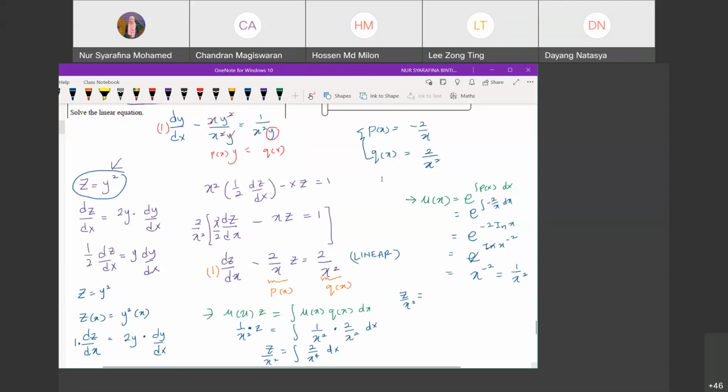Integral of 2 over x to the power of 4 equals negative 2 over 3 x to the power of negative 3, plus c.